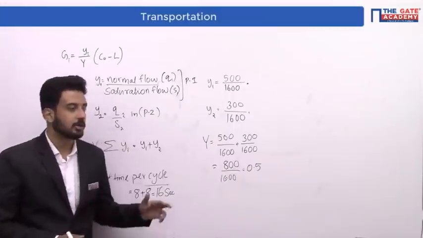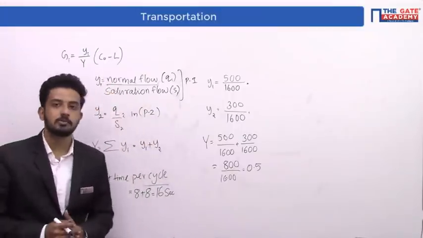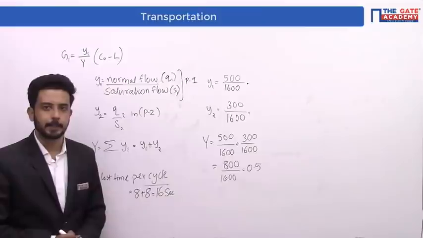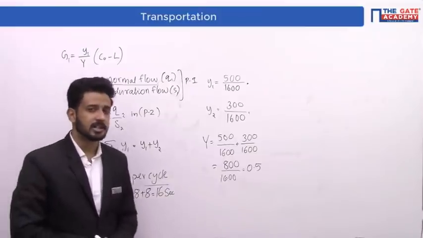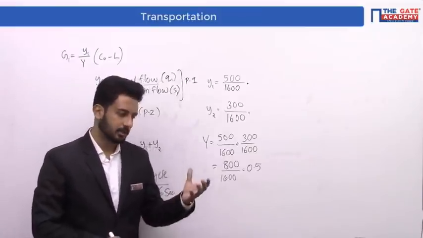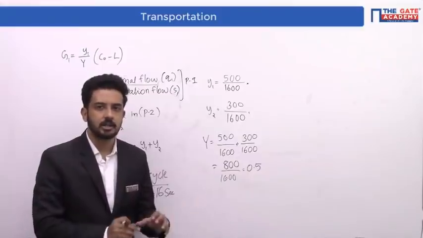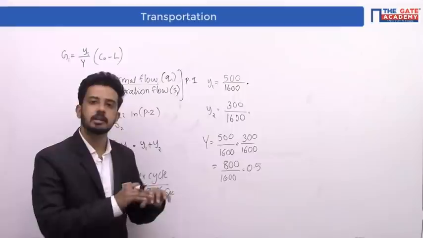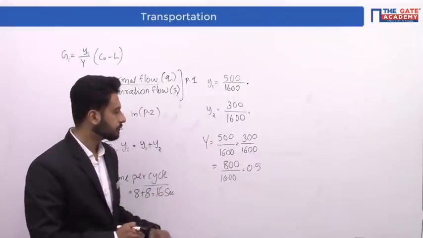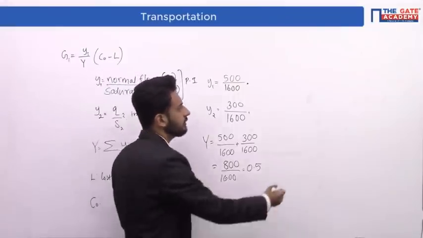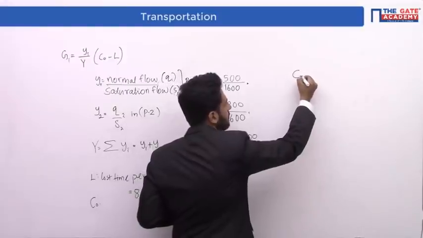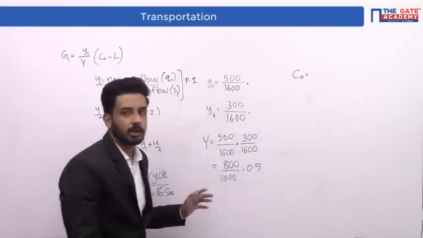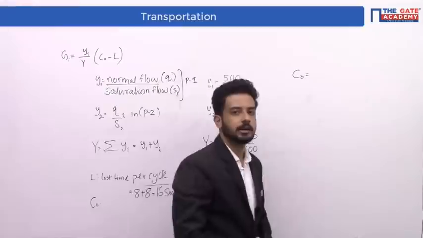We want to find out the value of optimum cycle time. What was actually optimum cycle time? It is the cycle time at which the overall delay, the average delay of the cycle, is minimum. So how to find out the value of optimum cycle time?